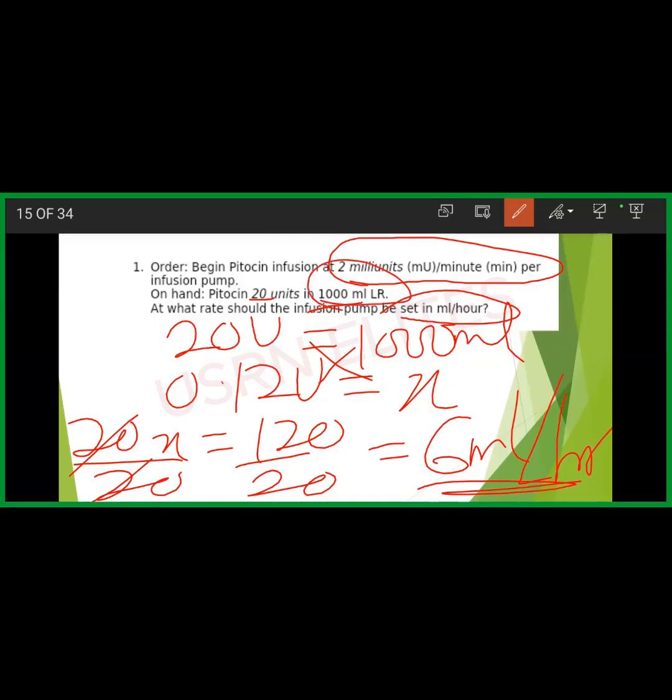Yes, you said on hand is 20 international units in 1,000 mils. 1,000 mils of lactated Ringer's, Ringer's lactate. Why are you saying per hour? Because this LR here is lactated Ringer's, so that's what it means. So what they are trying to do.